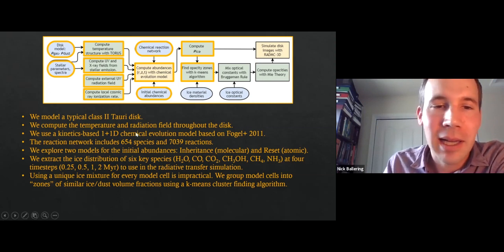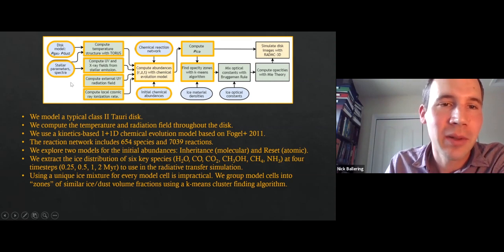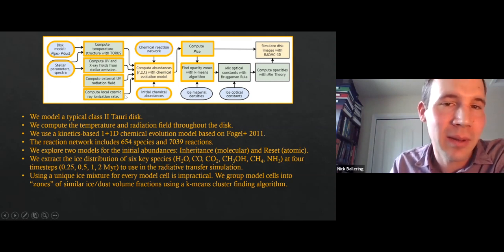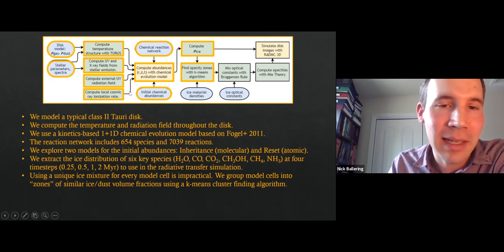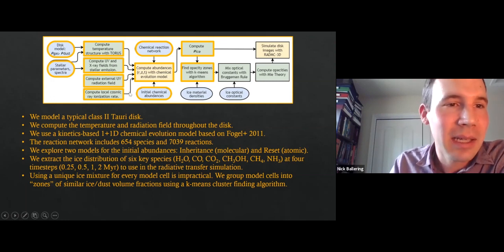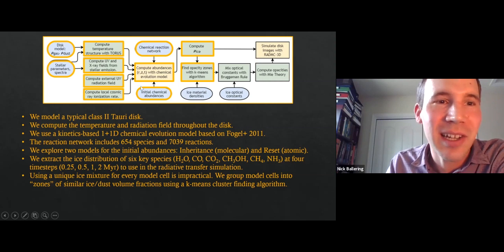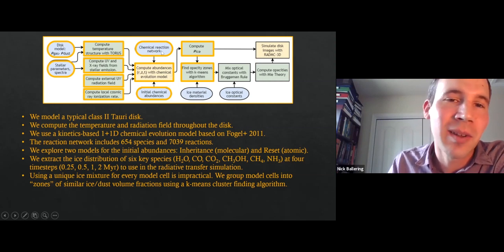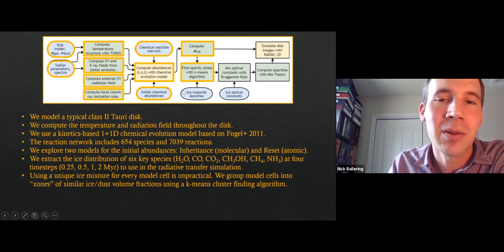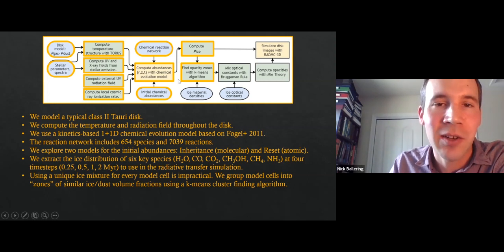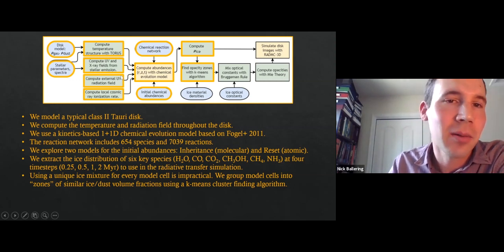The whole set of steps up through the chemical structure is a well-established pipeline at this point, that people like Ilse, like Dana, like Camber probably, have been using for a while now. This chemical code has been used to explore a lot of different molecular species in the gas phase to interpret ALMA data, and so Torus has been used historically for that reason.